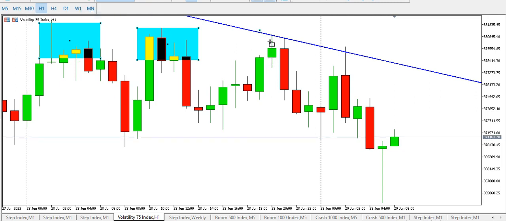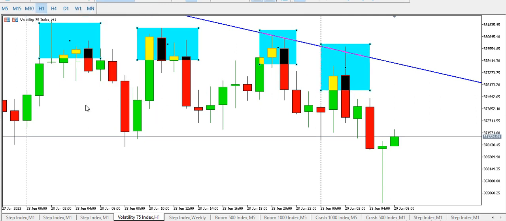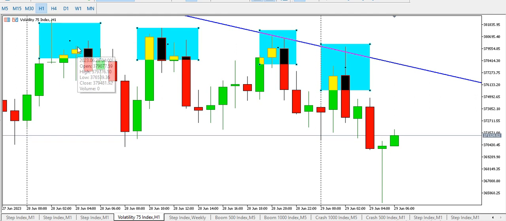Okay, we have this particular top, then we have this top. So this indicates that the buyers attempt to push price up, but the sellers are able to push it down. Then you can see a deep push down, but the buyers are trying to recover.